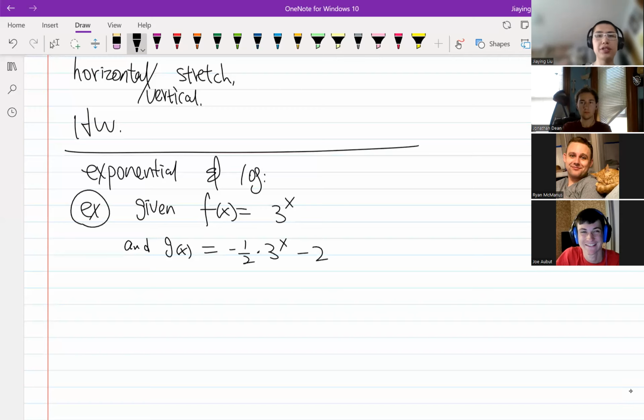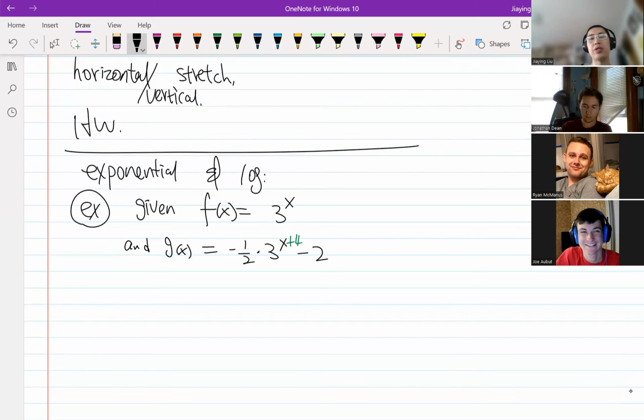In this specific example, I did not really include any horizontal transformation. To make it more complicated, let's include the horizontal shift, plus 4 to the x.